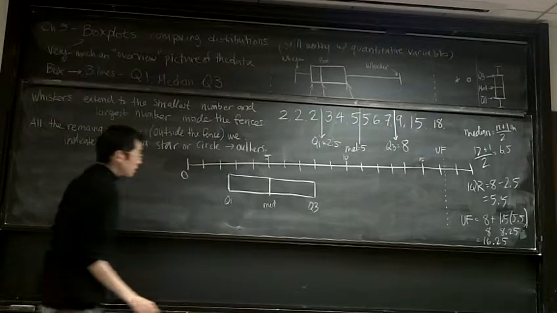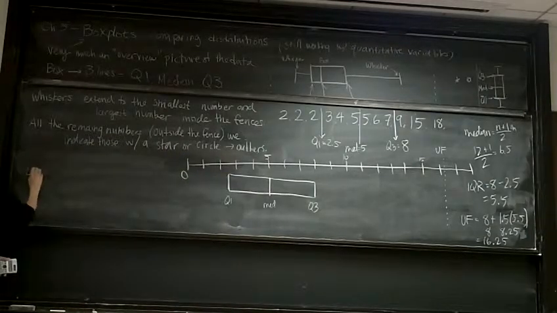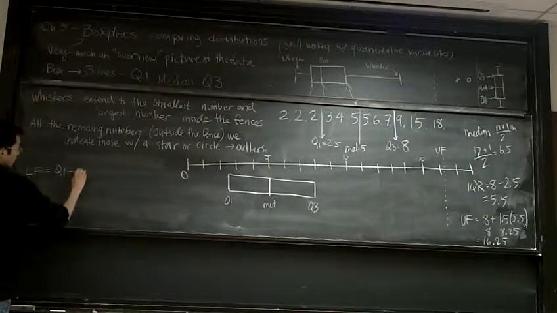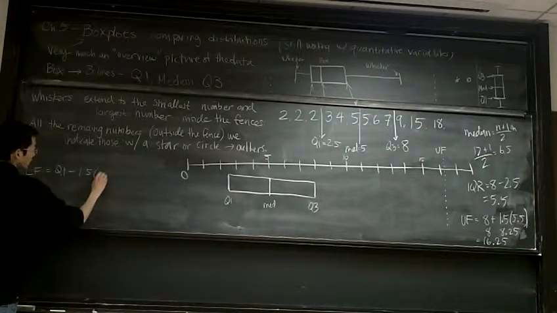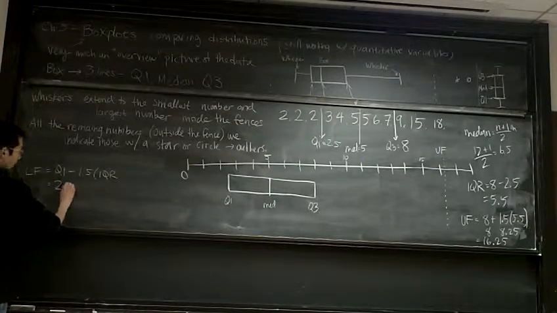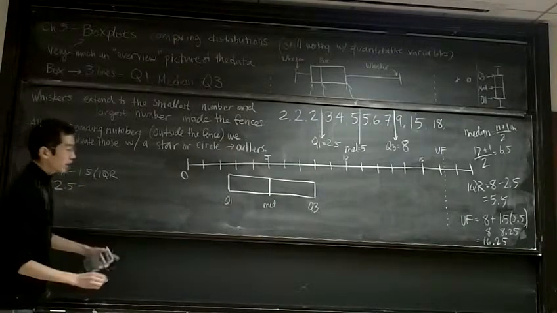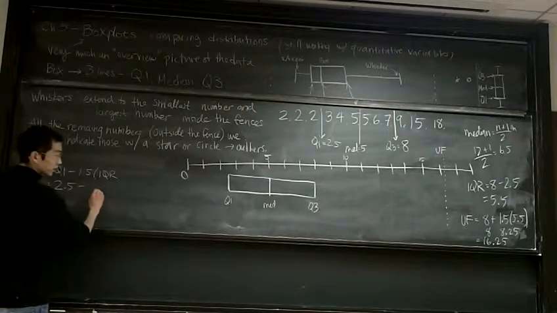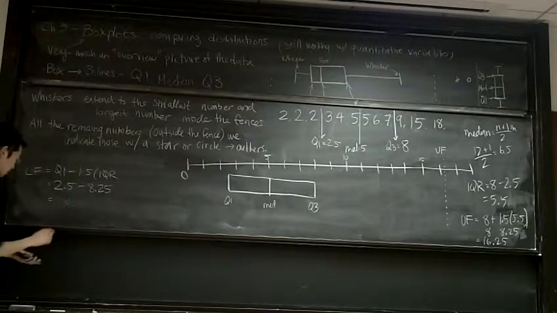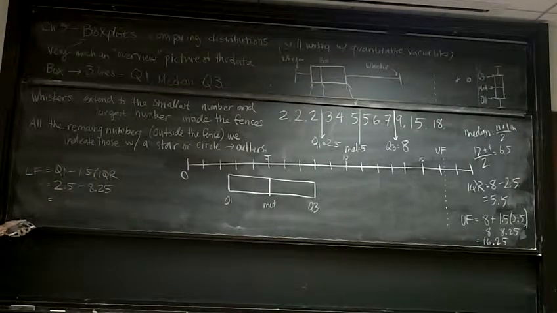Okay, my lower fence, on the other hand, is Q1 minus 1.5 times the IQR. So I have 2.5 minus 1.5 times the IQR we established, which is 8.25. So I get a negative something, right?